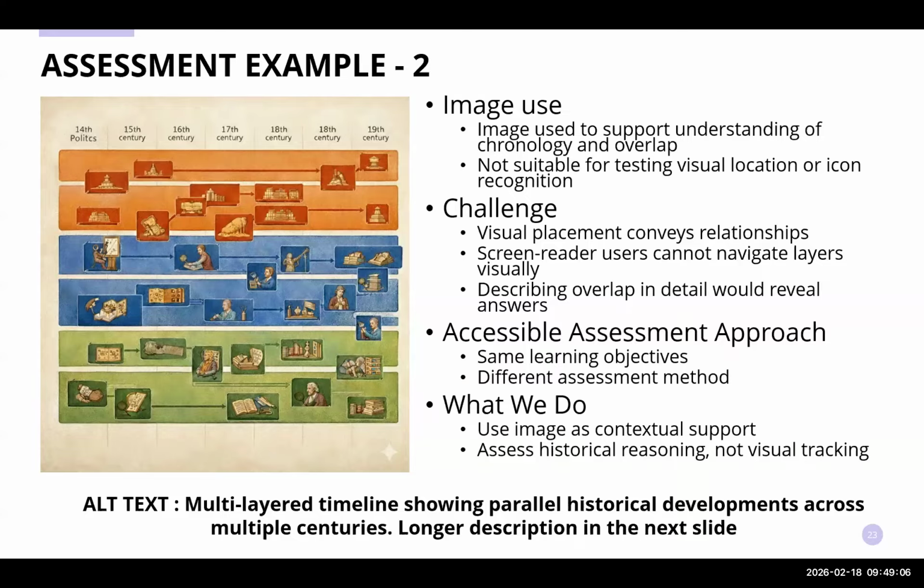It keeps the rigor on history and not on their senses. So, in this way, students demonstrate understanding through analysis and reasoning, not by visually navigating a complex layout. Next slide, please.